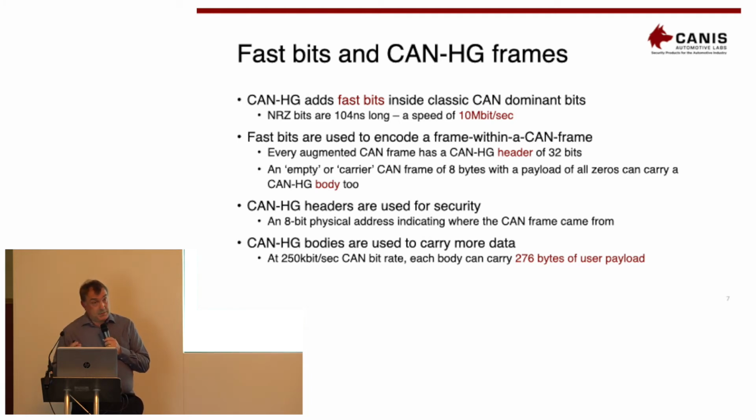The headers are used for security. They contain the physical address of where the frame came from. And then the bodies are used to carry lots and lots of data. So if you want to send an 8-byte frame with an empty CAN payload, at 250 kilobits a second, you can squeeze 276 bytes of payload into an 8-byte CAN frame.